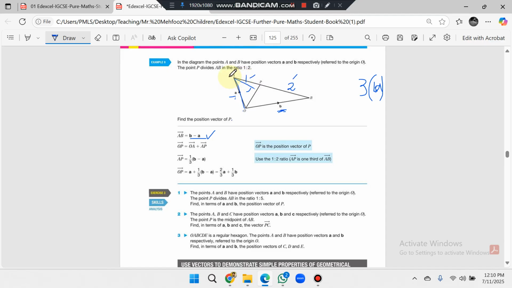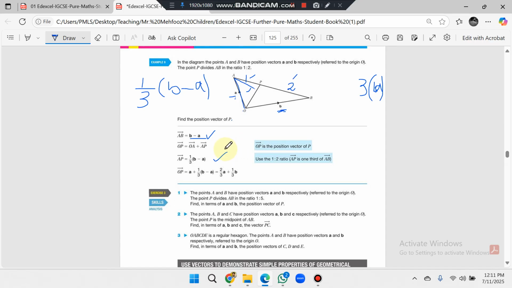So from this 3 times b minus a, what is the value of AP? AP is basically 1 unit, so it becomes 1 over 3 times b minus a.